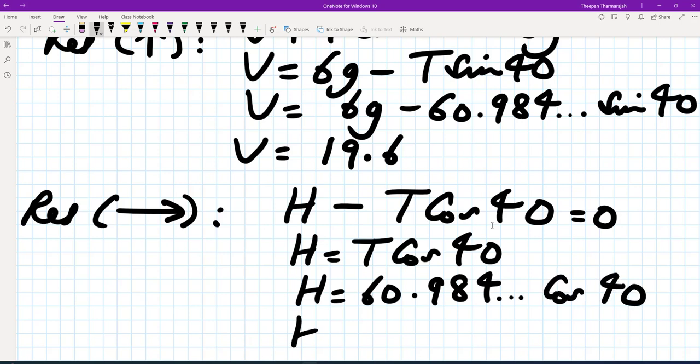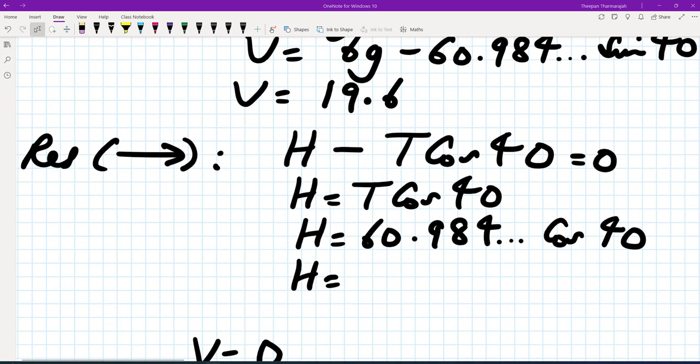Write the true value out, and then we're going to use Pythagoras. So it's 60.98437401 times cos 40, and that gives me 46.716. So let's write the whole thing out.